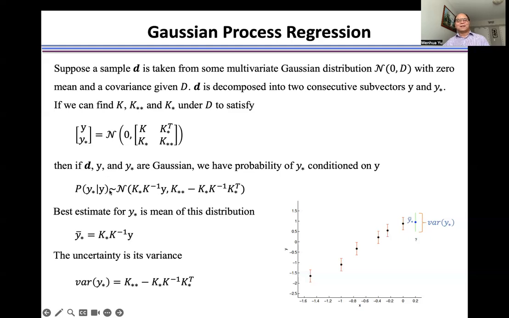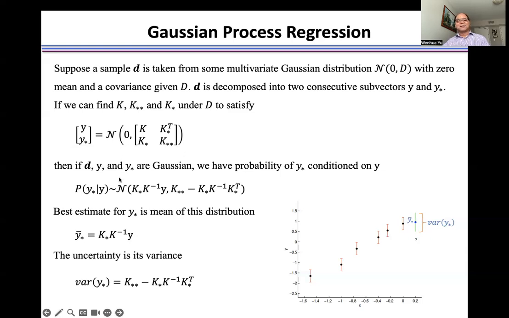From this conditional probability, we can estimate the mean of the Gaussian distribution, which equals the mean of the Gaussian process, and the variance of the Gaussian distribution is equal to the covariance of the Gaussian process here.